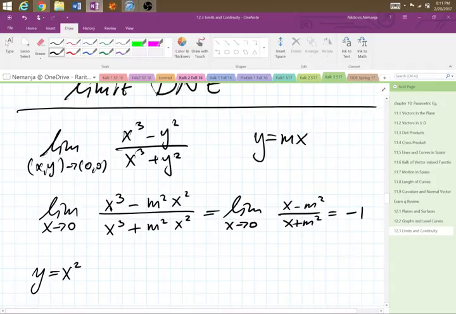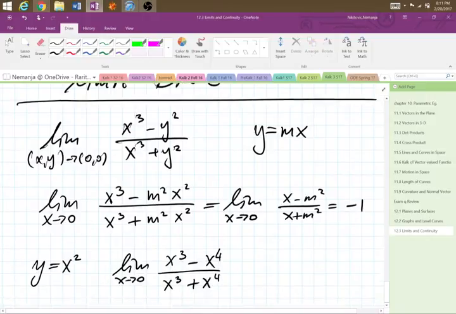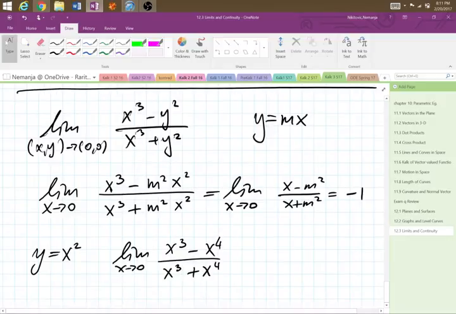If we get anything different than -1, it's done. So limit as x goes to 0. We have x cubed minus x to the 4th divided by x cubed plus x to the 4th. We get -1 again.